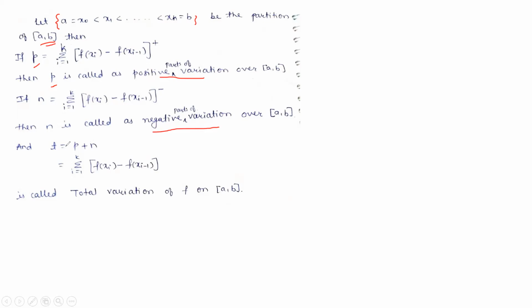The sum of this positive and negative part, that is p plus n, which is equal to t, is called the total variation and is defined as the summation i from 1 to k of mod of f(xi) minus f(xi-1).